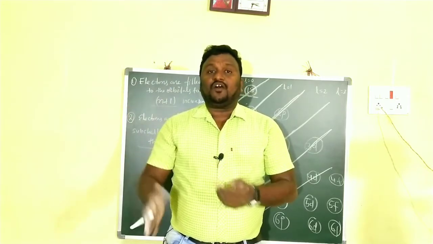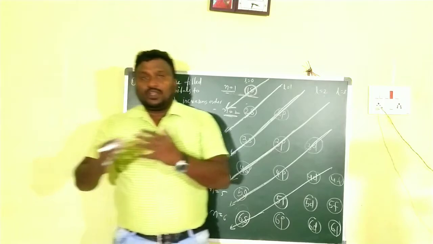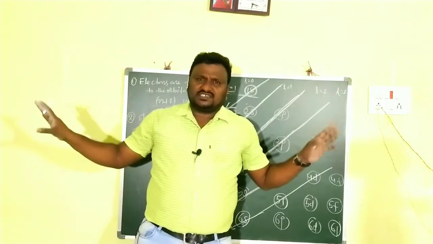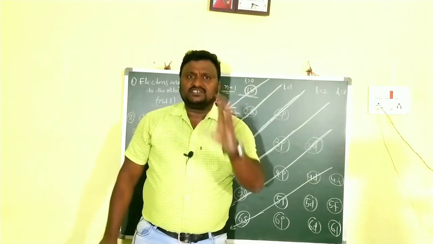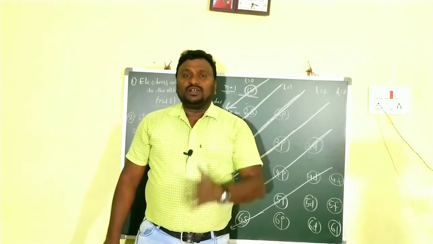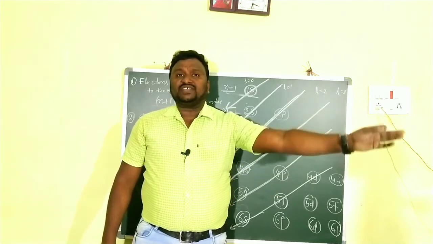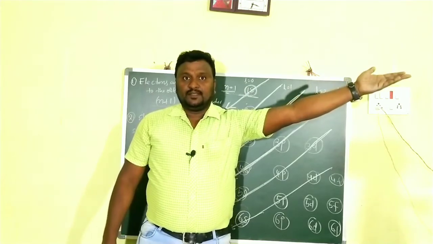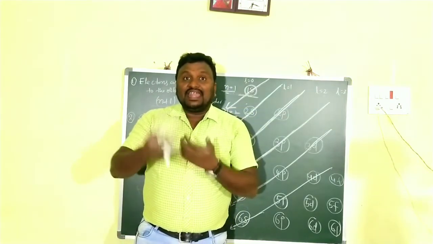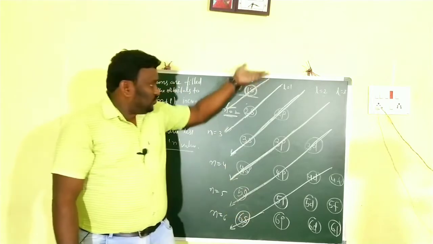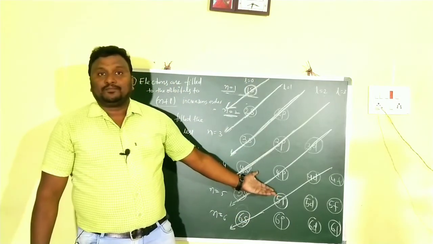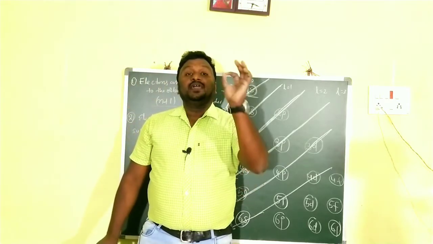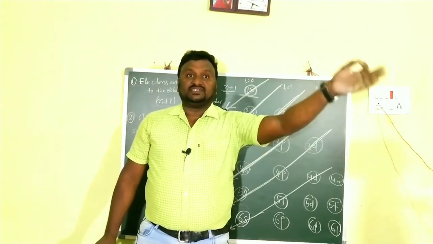If you get any confusion about the rules, simply forget all these things and go by this main rule. First we fill the lowest energy level, next higher energy, next higher energy like that. To identify the higher energy levels we have to follow the Aufbau diagram.